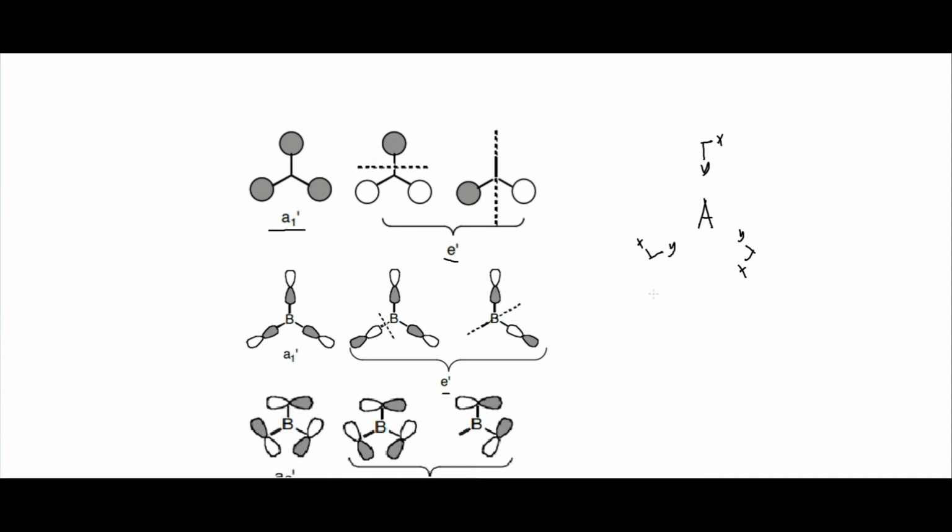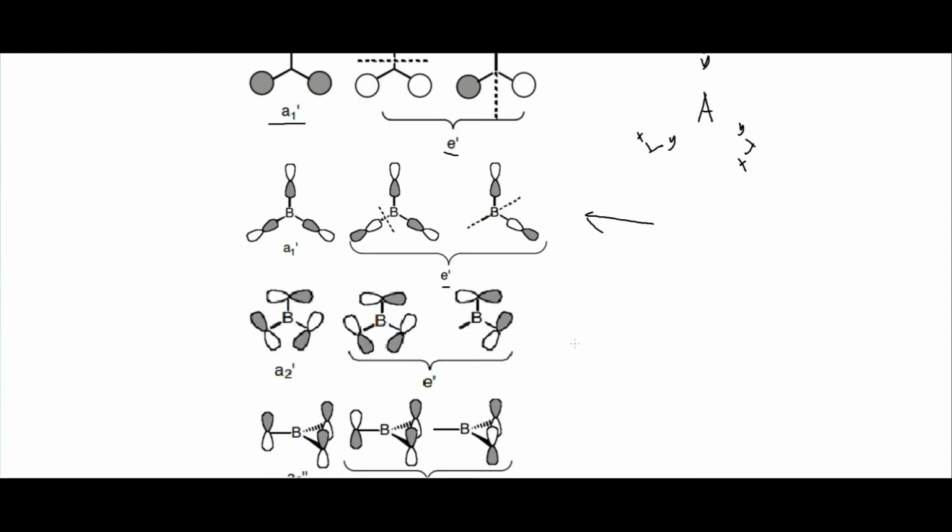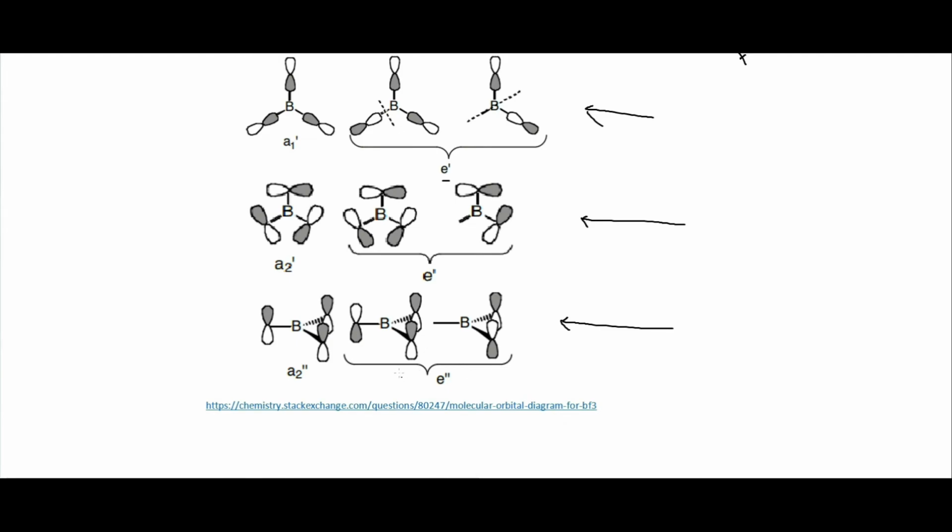That's how we label the axes on the atoms coming off of these central atoms. So these would be the Y orbitals right here, pointing in towards the central atom. These would be the X right here, where they're perpendicular to the central atom, and these would be the Z right here, where they're pointing up and down from the central atom.